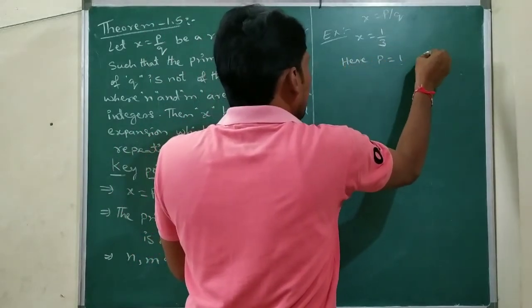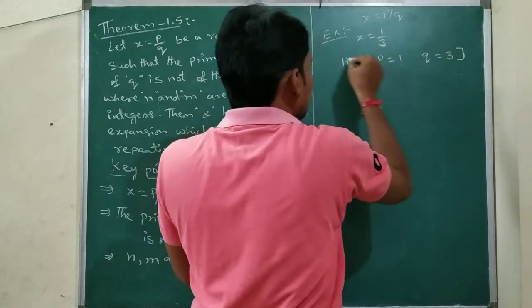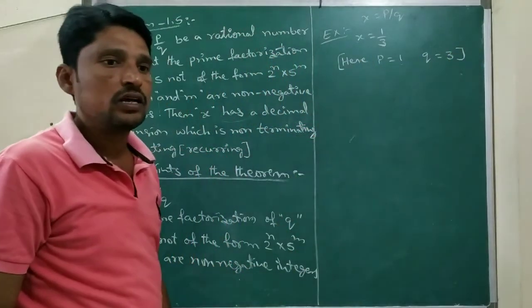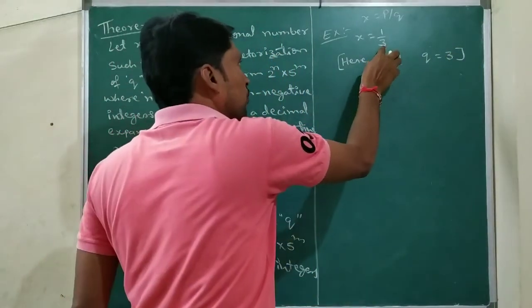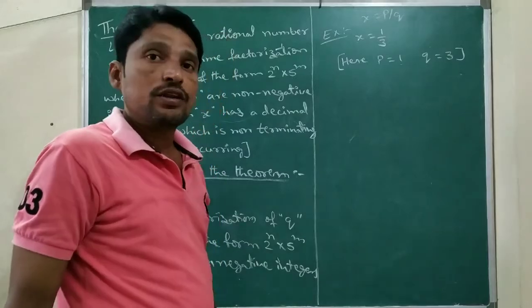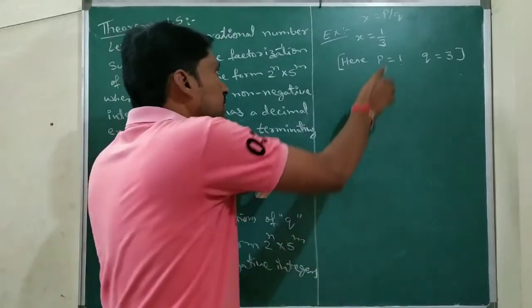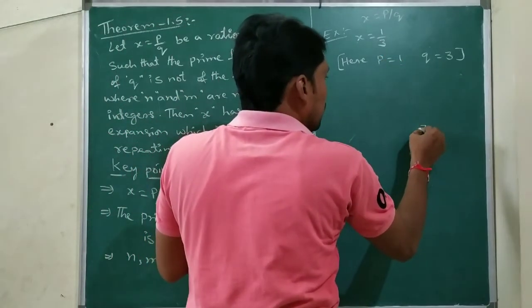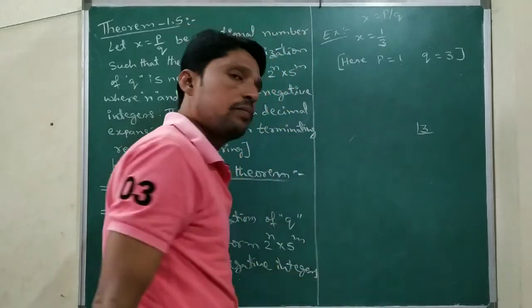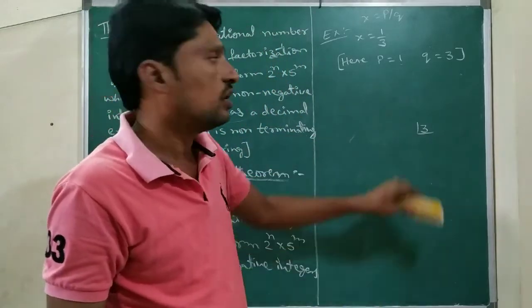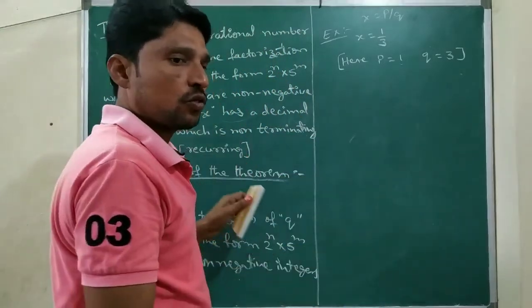Here p equals 1 and q equals 3. Now, what is the denominator here? The denominator is 3, a prime number, so directly we can write 3 power 1 only. Yes or no?